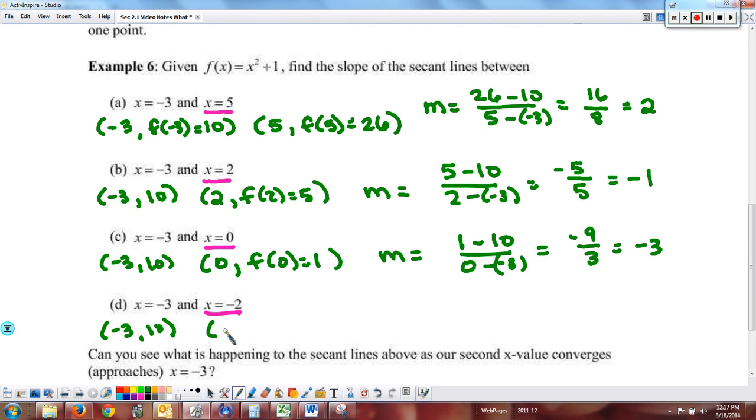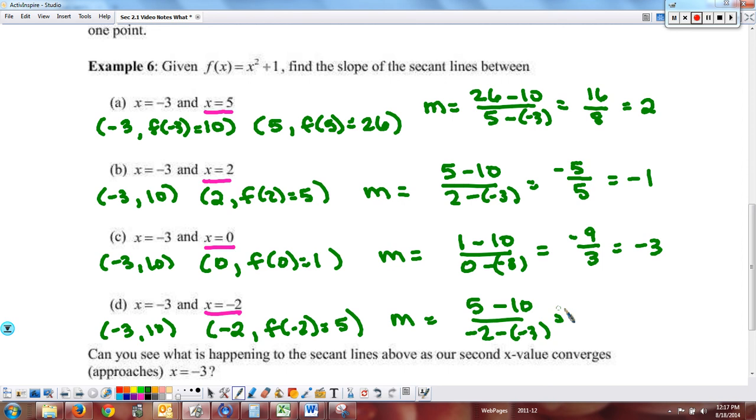And then our last point, -2: f of -2, plug in -2, we end up with 5. So our slope is 5 minus 10 over -2 minus -3, so -5 over -2 plus 3, which is 1, giving -5.